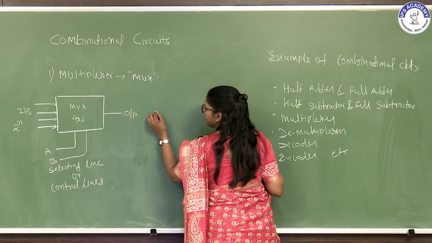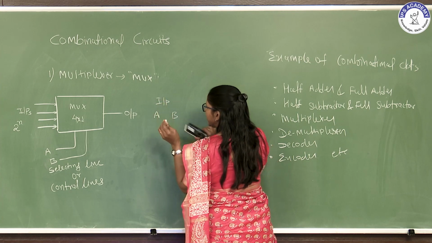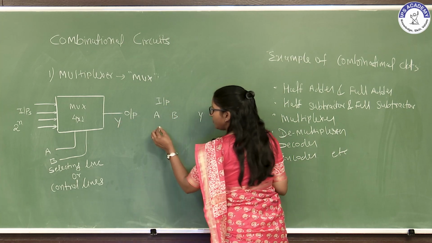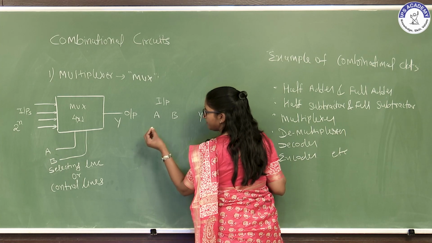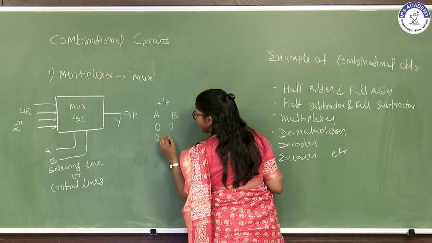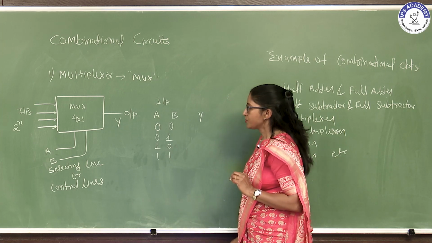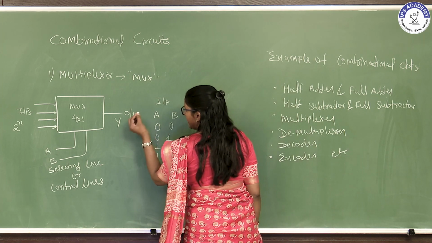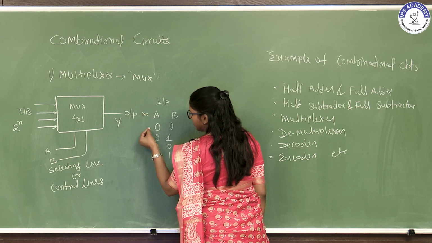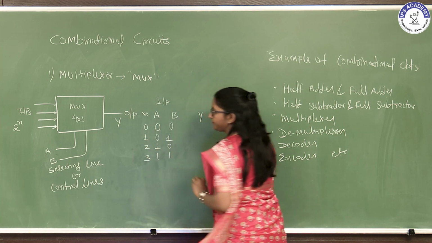Suppose we have 2 inputs, these are my selecting variables, and Y is the output. Now we give the combination of inputs. The combinations will be 00, 01, 10 and 11, which in decimal are 0, 1, 2 and 3.